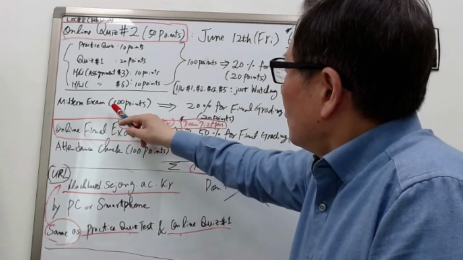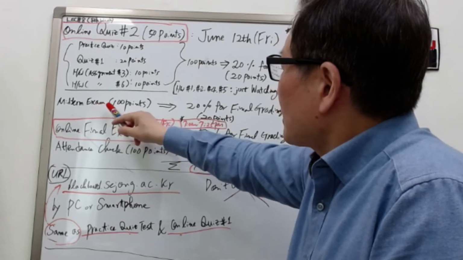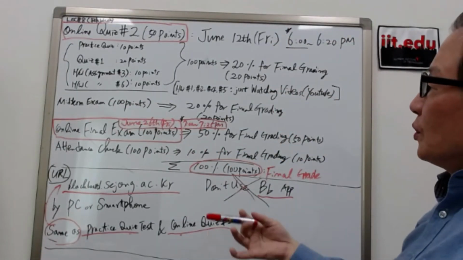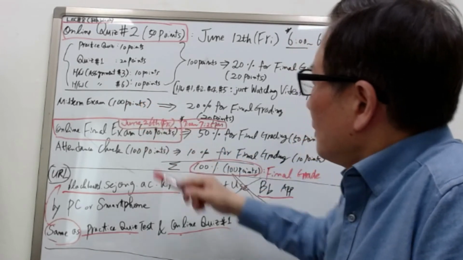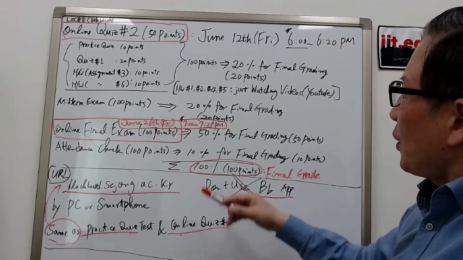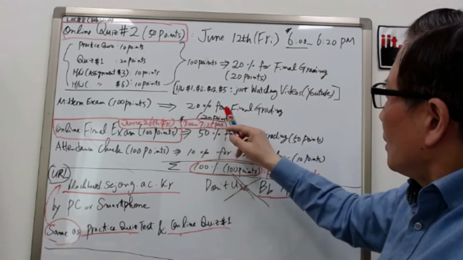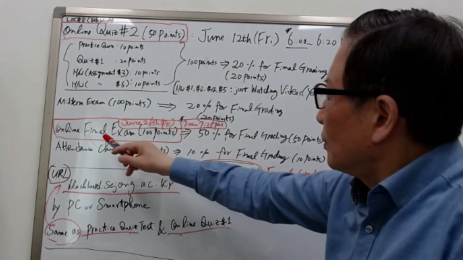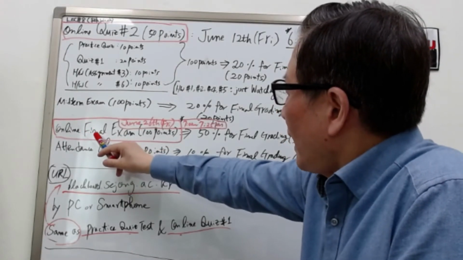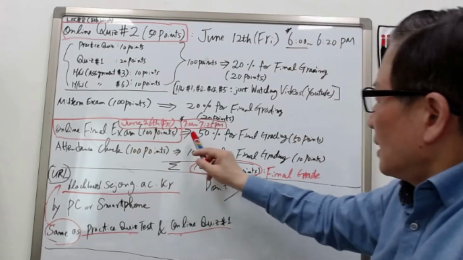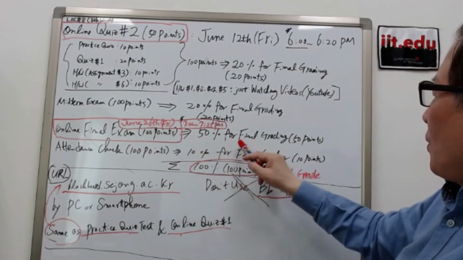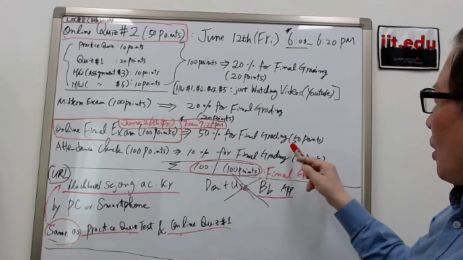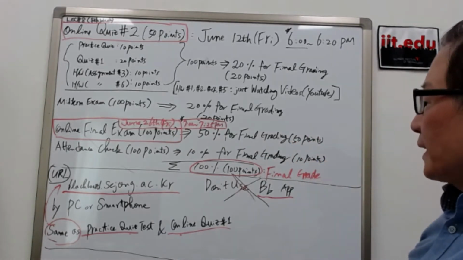And we finished that midterm exam in last week, May 1st. That will be 100 points. And you know your points, because that is announced already in the Blackboard. That will be 20% for the final grading. That means 20 points. And we have the online final exam left. That is 100 points, and that will be 50% for the final grading. That means this one will be converted to 50 points for final grading.